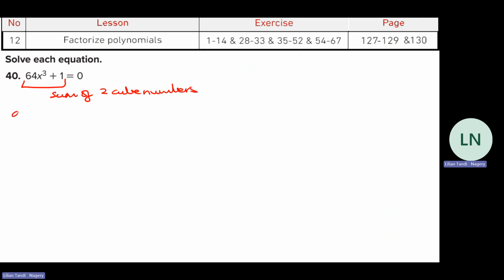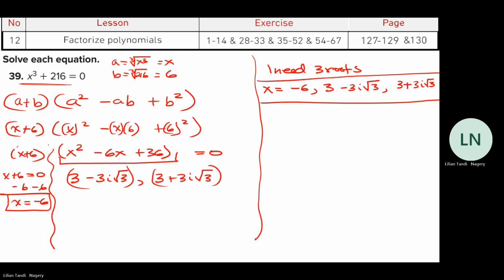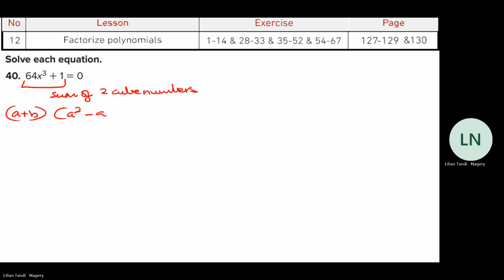So this will be a plus b, a squared minus ab plus b squared equals 0. Did I do this correctly? Yes. Okay.